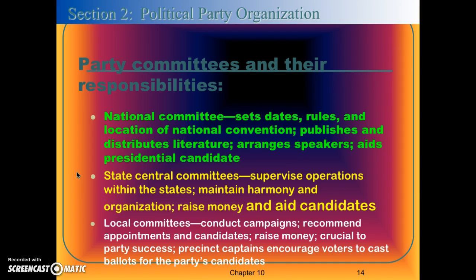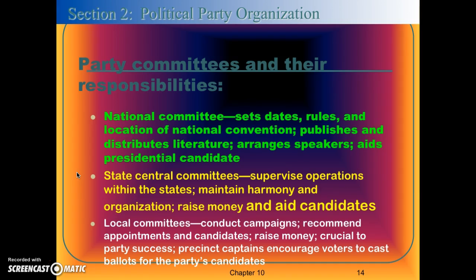And so you can see there's a great deal of importance in these conventions. So choosing when it's going to be, the rules for it, and of course the location is very important. And oftentimes cities will actually vie for a spot to host this convention.